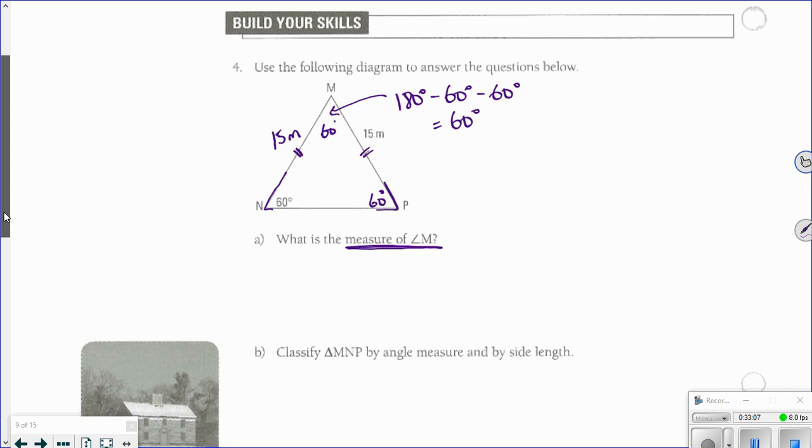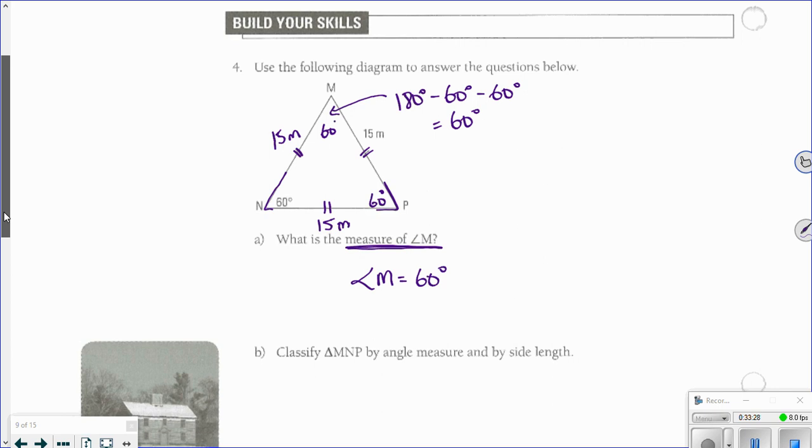And because all of my angles are the same, the only way that can happen is if all three of my sides are the same. It's the only way it's possible to get three angles that are the same. So the measure of angle M equals 60 degrees.